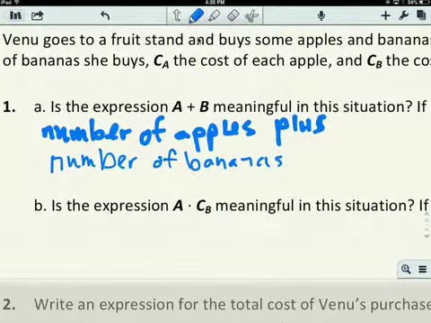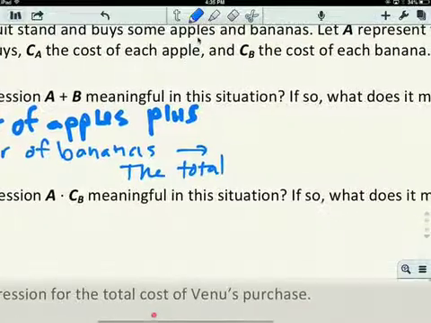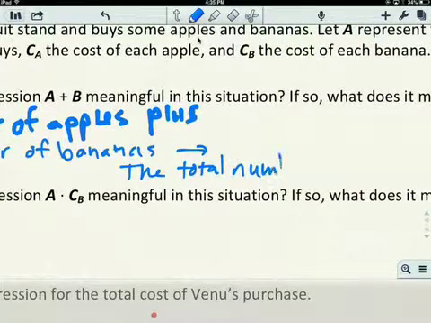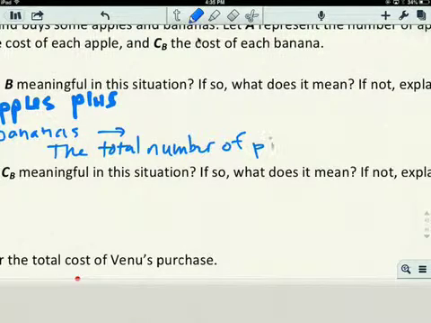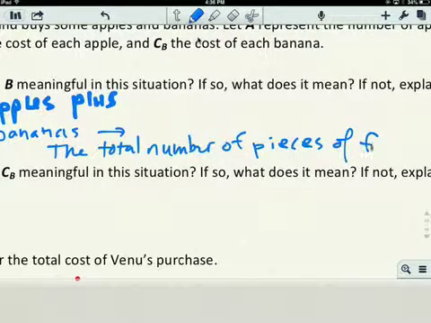And if you add those two together, what you're looking at is a basket of fruit. And so that is the total number of pieces of fruit.